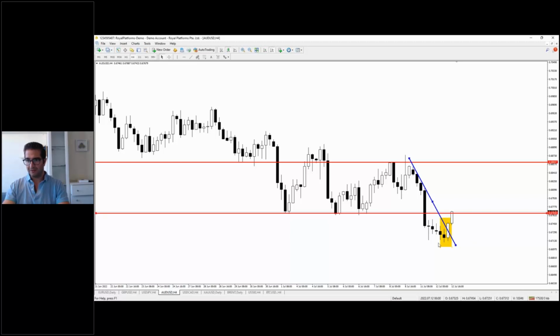We have a red flag or weakness from the bears. You can see it. We have small bearish bars, and then we have big bullish bars, which shows positive momentum. So if we have a close above this support, most probably the Australian US dollar will continue all the way up until 0.68 mark.